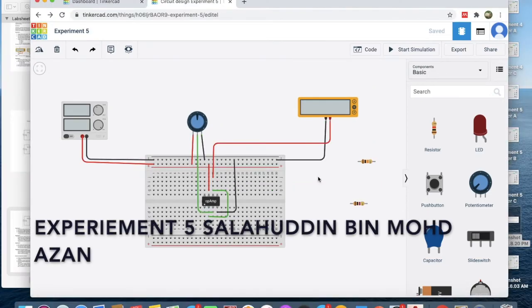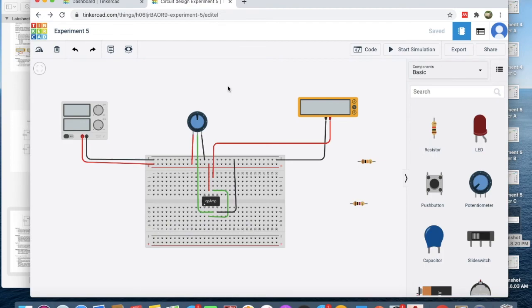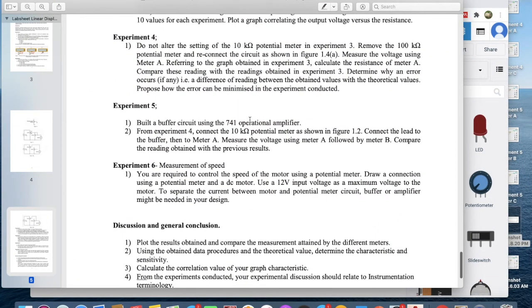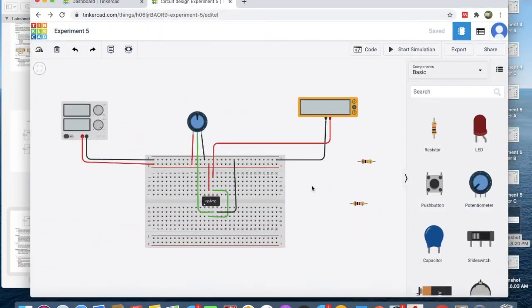For experiment 5, I'm going to show a circuit using a buffer with an 741 operational amplifier as mentioned in the lab sheet. Okay. For now, I'm using meter C, so I'm going to start the simulation. The result is 6 volt.